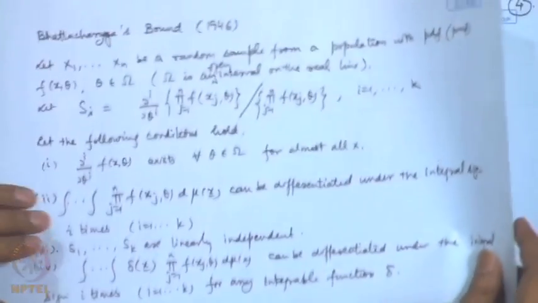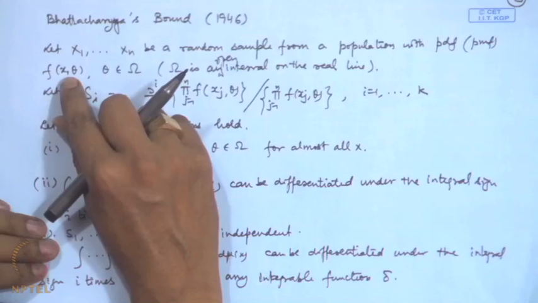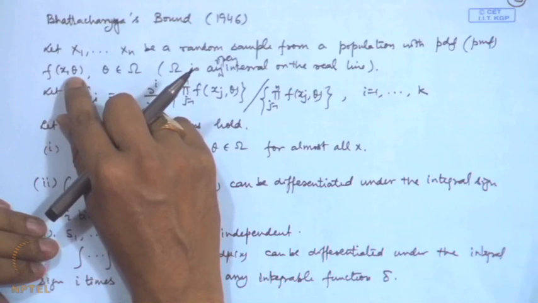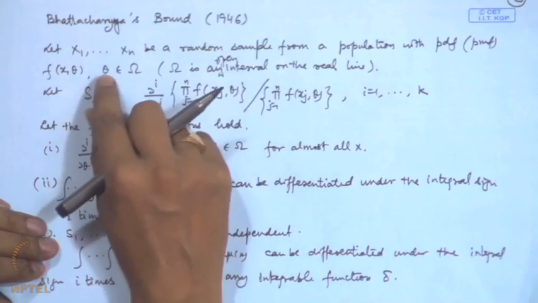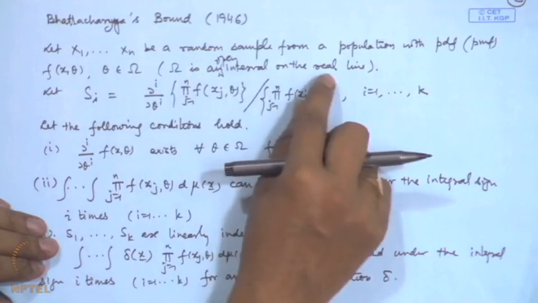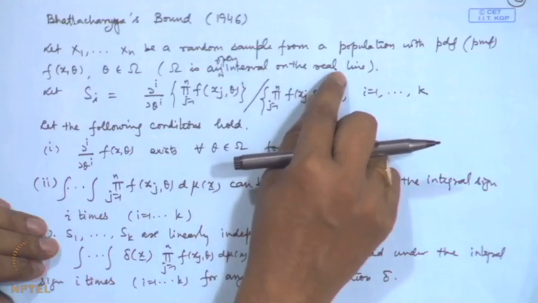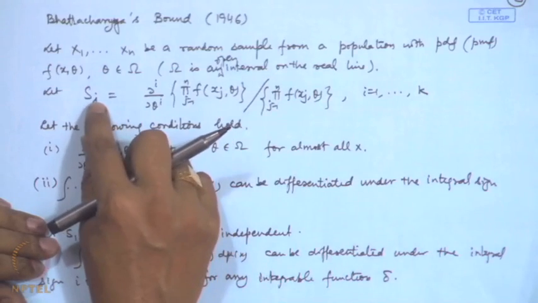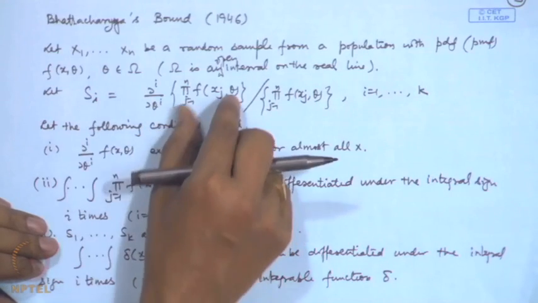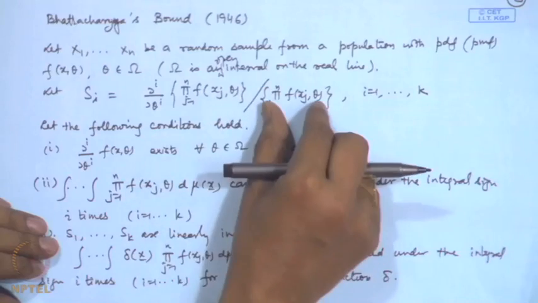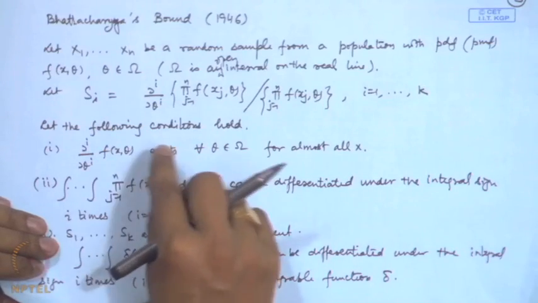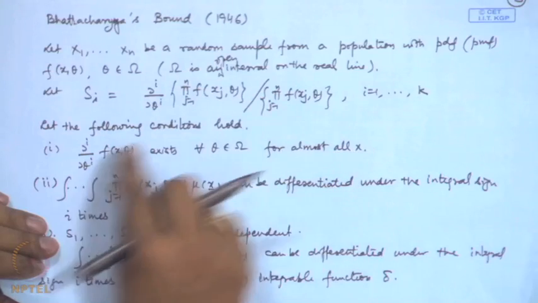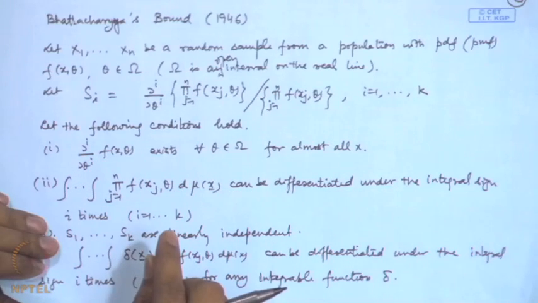So, let us look at the problem here once again. We have a probability mass function or probability density function f(x, theta). We have a random sample x_1, x_2, ..., x_n from here. The parameter space omega is an open interval on the real line. We define the derivatives of the joint density divided by the density as S_i, and then we have certain conditions, because for the existence of this we should have the derivatives existing.